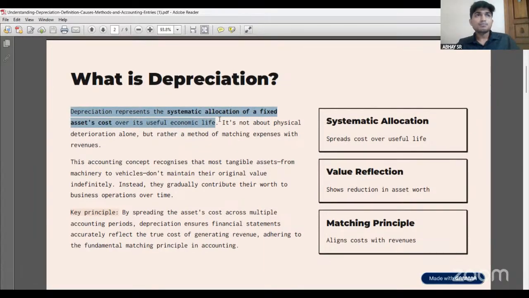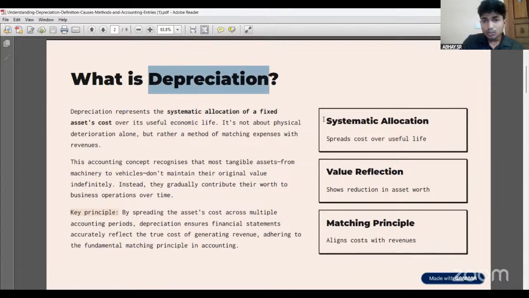In businesses, when we use a particular asset, its value depletes over time. Like if we buy an asset for 10,000 pounds, after 5 or 10 years the value won't be the same, right?